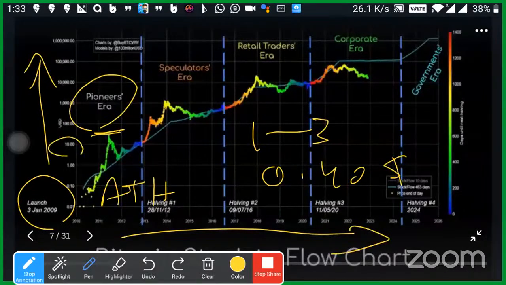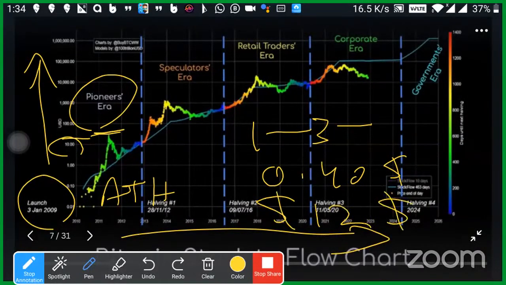This is the $10 per Bitcoin price. And the all-time high of the first era, the pioneer era, was about $10, maybe around $12 or $14. So in this era, we saw an all-time high of around $12 per Bitcoin. If you see this now, maybe you can think that it was so cheap.